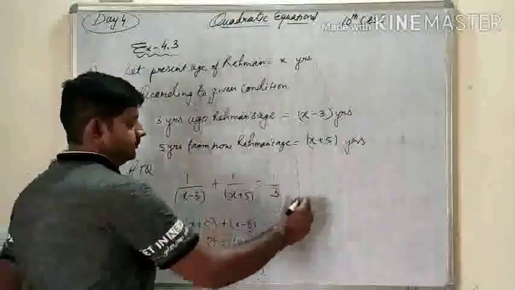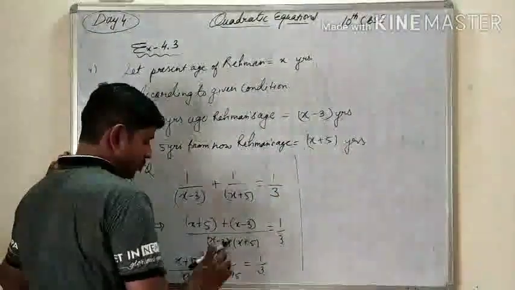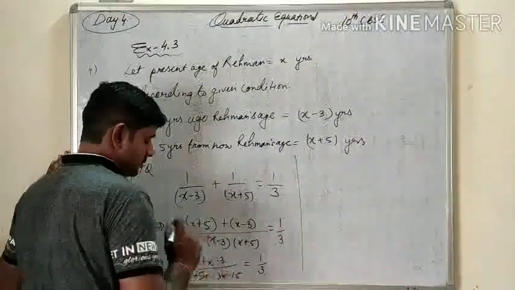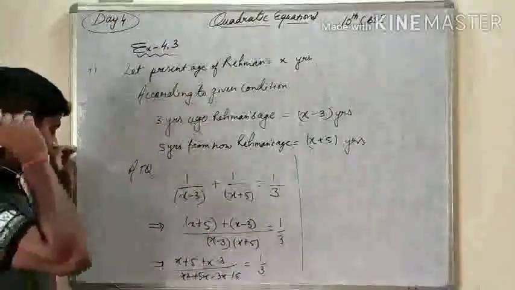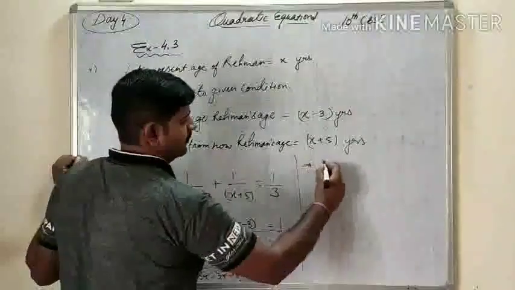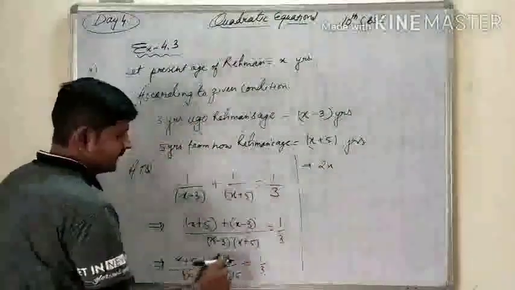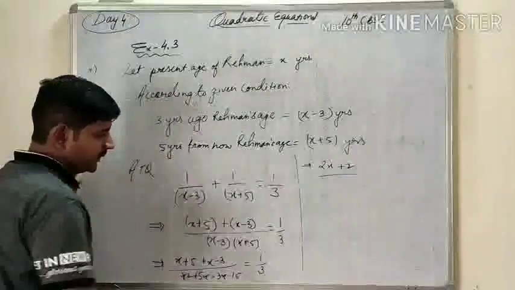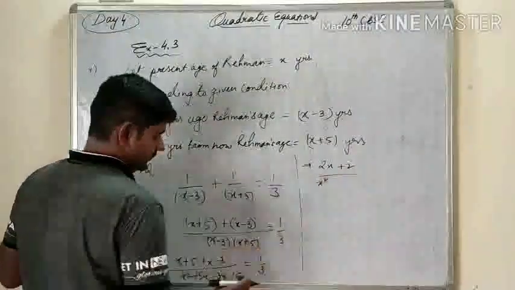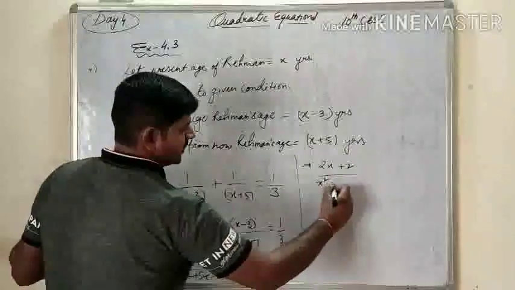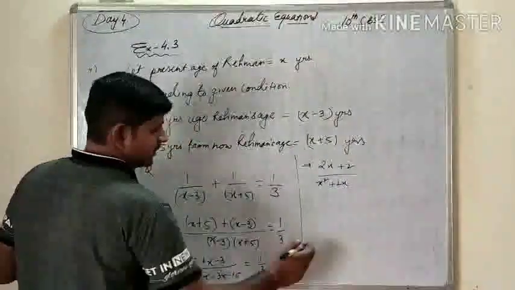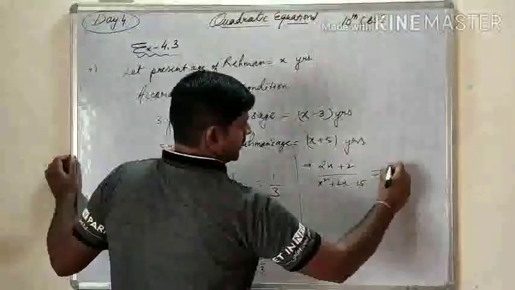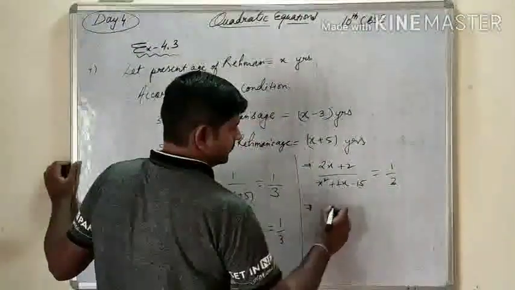Now the x cancel. Sorry. There will be 2x in the numerator, since 5 and 3, their difference is 2. And downward there will be x square plus 2x minus 15, because 5x minus 3x is 2x, and minus 15, equals 1/3. Cross multiply.